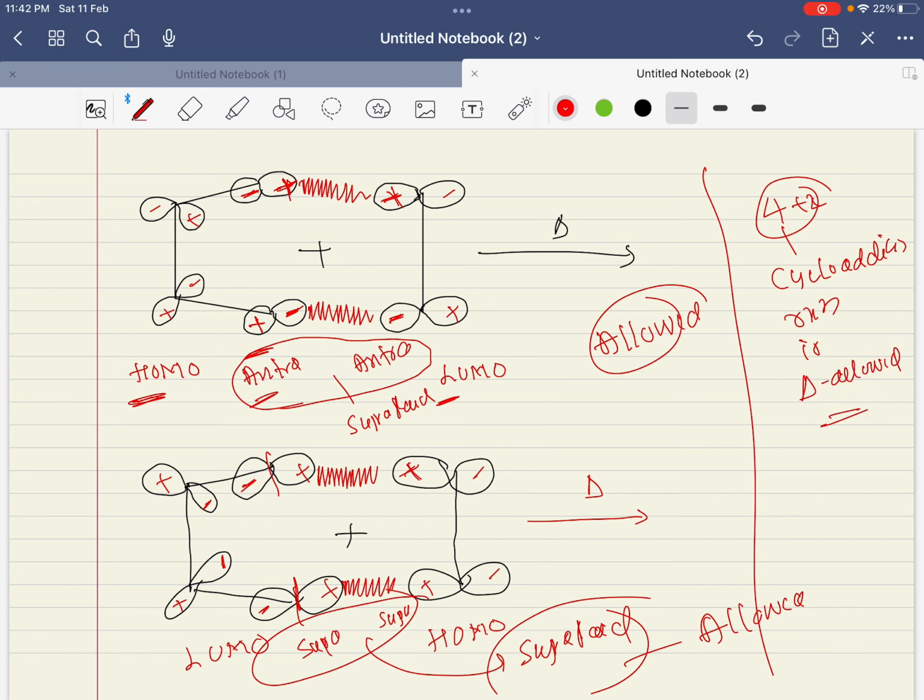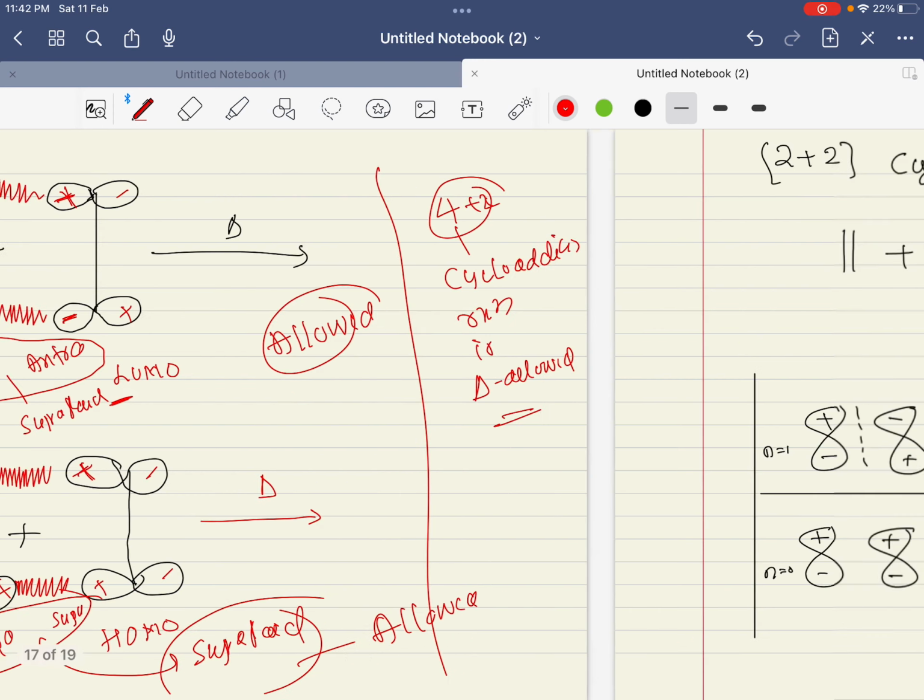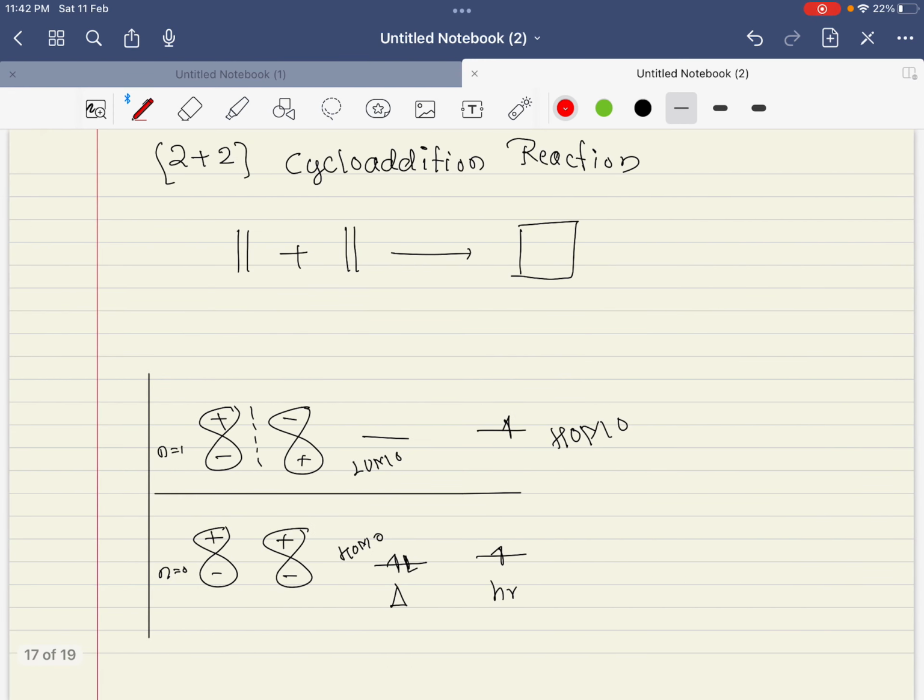Next we will see a 2 plus 2 cycloaddition reaction. You know that these two molecules react together for the formation of cyclobutane ring. This is the molecular orbital diagram for ethene. In thermal condition, this is the HOMO and this is the LUMO.